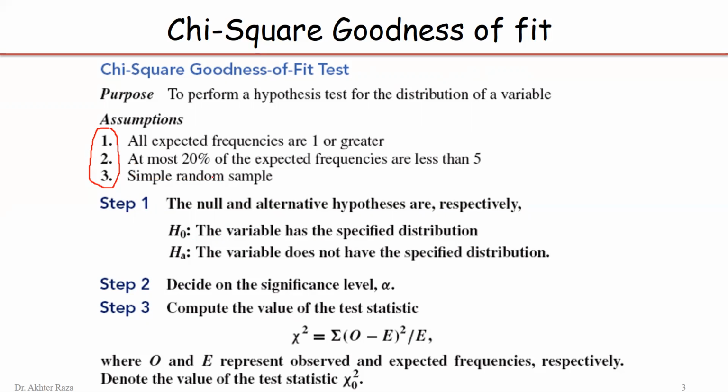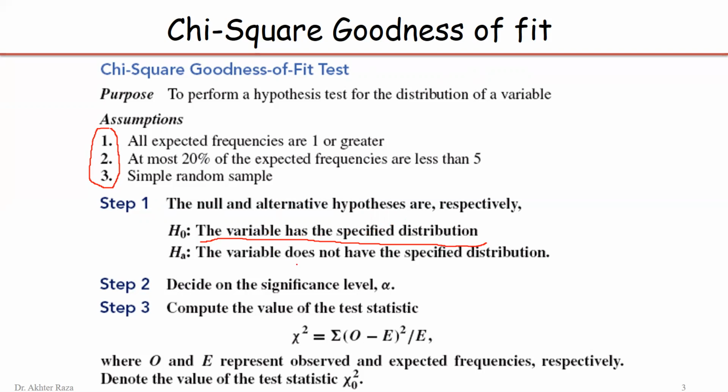The only difference is that we have a variable along with the frequency distribution. If we have the values of the variable, we can construct the frequency distribution ourselves. The variable has a specified, or proposed, probability distribution. The variable does not have a specified distribution.